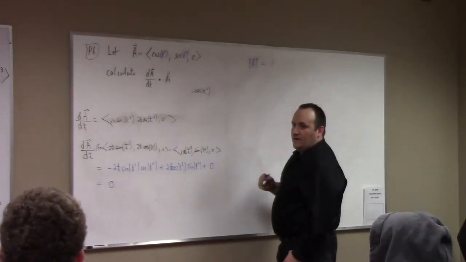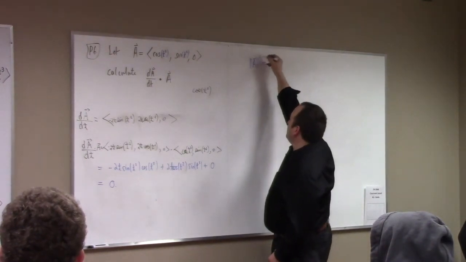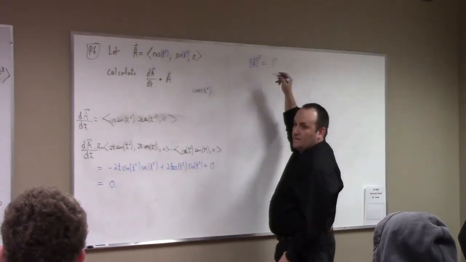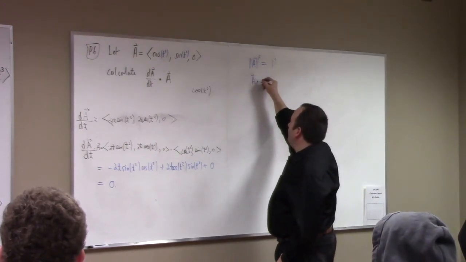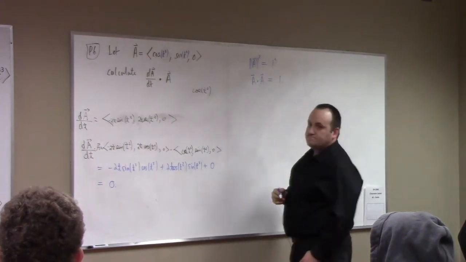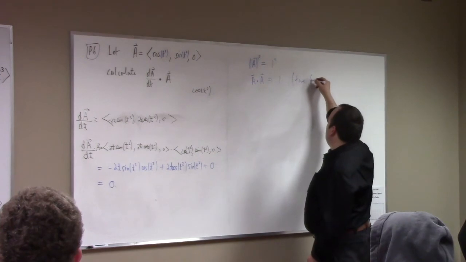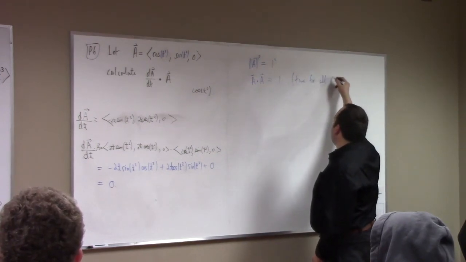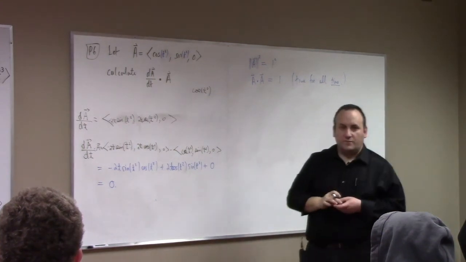So I hope you guys have picked up on a nice way to analyze such things, which is to square both sides. The square of the length is just A dot A, right? A dot A is equal to 1. And this is true for all time.